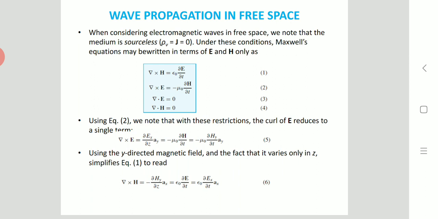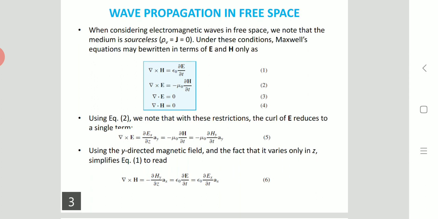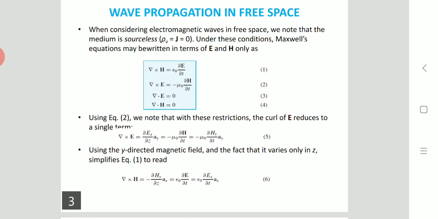So here E and H are mutually perpendicular to each other. Electromagnetic waves are also called transverse electromagnetic waves. As the wave travels in the z direction, it is clear that the direction of the electromagnetic wave, that is the uniform plane wave, is perpendicular or orthogonal to the plane consisting of the E and H field vectors.